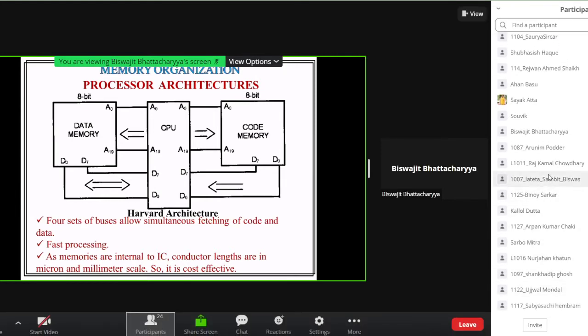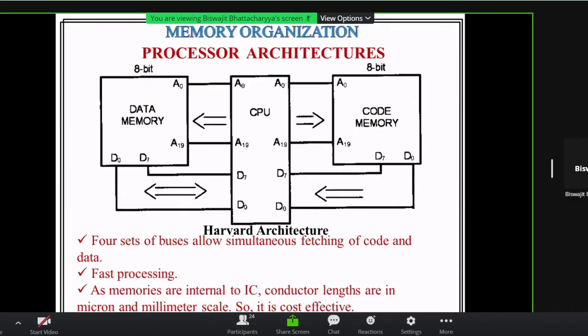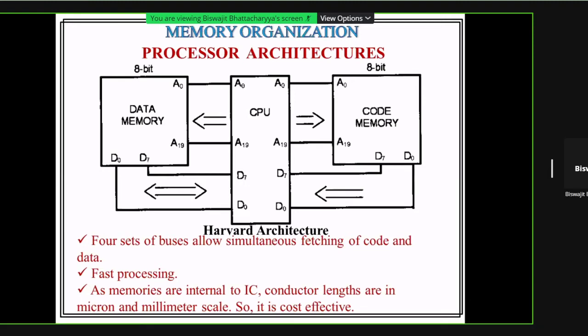Therefore we can afford using more conductors, as the length of the conductors is small. So more conductors are used, but at a cheap rate. Obviously, it's not costly.